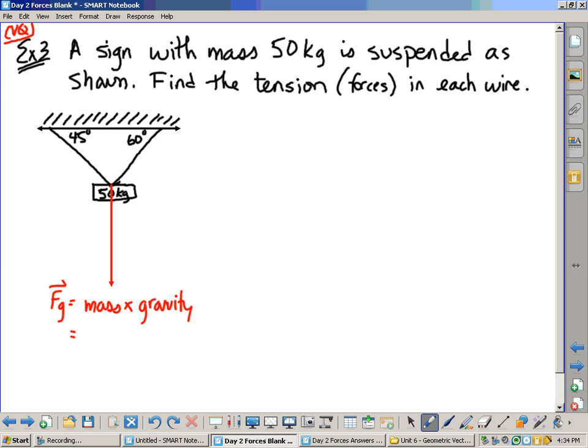In this particular example, it is 50, and we have to do it in kilograms. And our constant, and most of you are probably screaming at the board, the constant is 9.8. It's actually a little bit different, a longer decimal than that, but for our purposes, we'll use the gravitational constant as 9.8. And if we do 50 times 9.8, we get then the force due to gravity is 490 newtons.